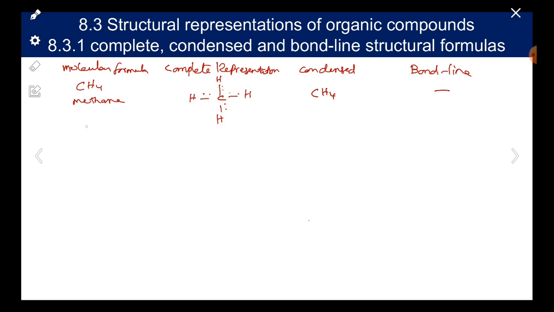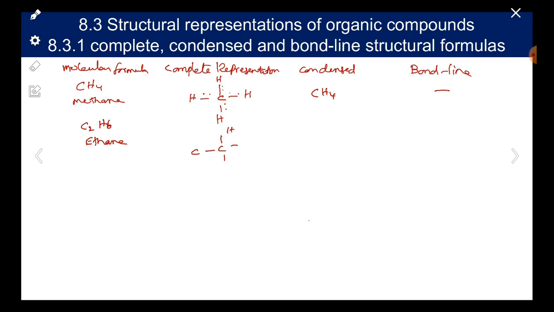Okay, ethane we can write like C2H6. How to write the complete representation? There are two carbon atoms. First you have to write the carbon atoms, then you write the number of hydrogen atoms.